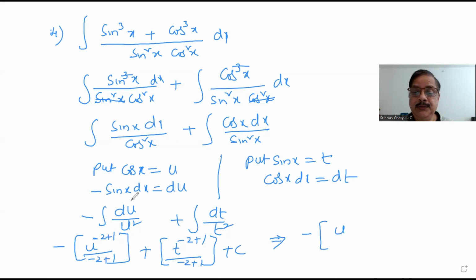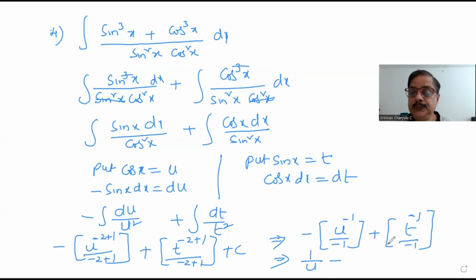Minus u to the power of minus 1 divided by minus 1, plus t to the power of minus 1 divided by minus 1. So here what is happening? This minus into this minus will become plus. So 1 by u here, minus 1 by t.